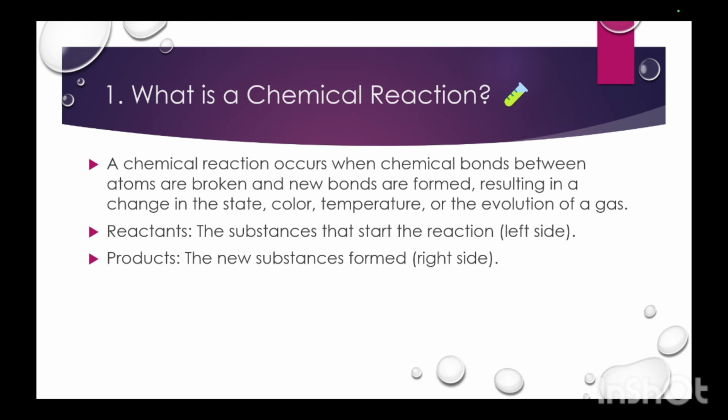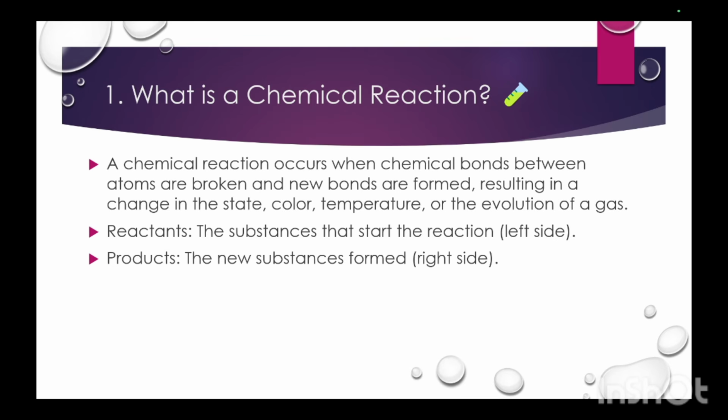How do we come to know that a chemical reaction has taken place or not? There are a few indications by which you can come to know the reaction has taken place. The first, in most cases, you will find that there is a change in the state. When we talk about the reactant being a solid, liquid or gas, it will be different from the product.